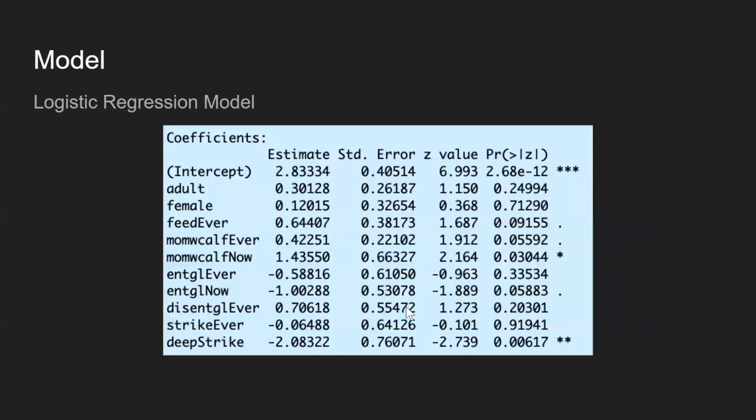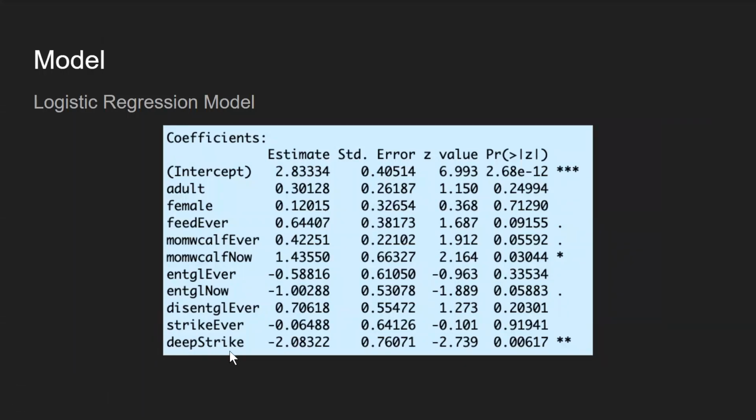And this is the model that helps us adjust those initial probabilities and provide some context using these covariates. On the left side, you can see these variables that are our indicator variables, telling us whether or not a whale is adult, is it a female, was it ever fed, was it ever seen with a calf, was it ever entangled, was it ever disentangled. And this year we use two new variables, strike ever and deep strike.